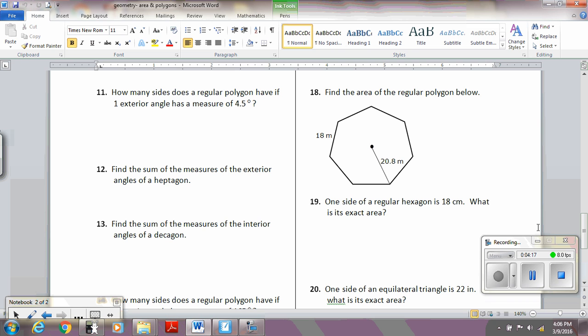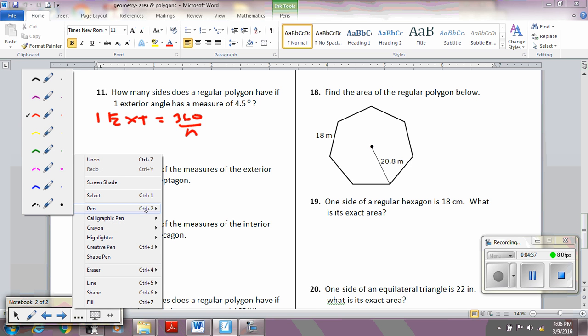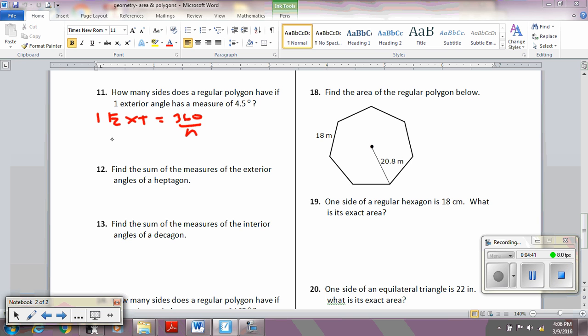Number 11 says, how many sides does a regular polygon have if one exterior angle has a measure of 4.5 degrees? The formula for one exterior angle is 360 divided by n. Knowing that, and they provided us with the actual measurement, we're going to replace the left side with 4.5, and it's equal to 360 over n.